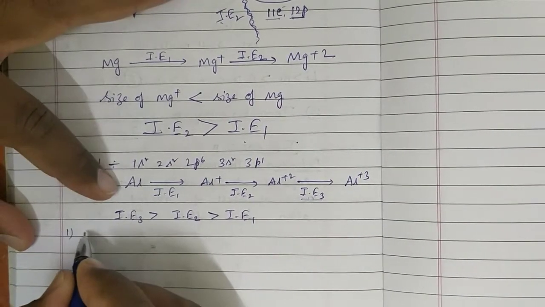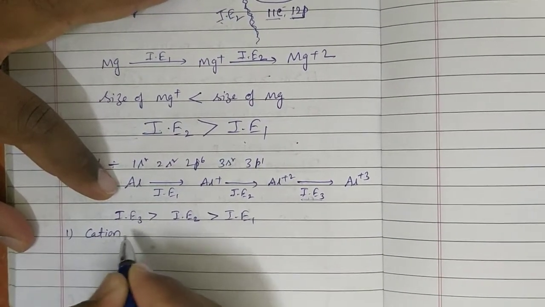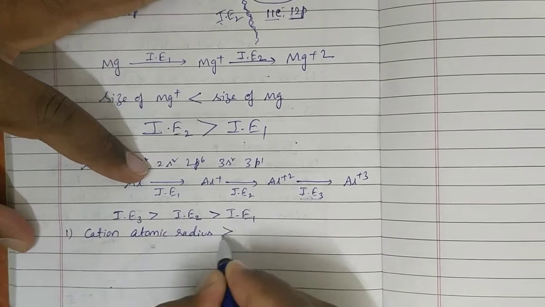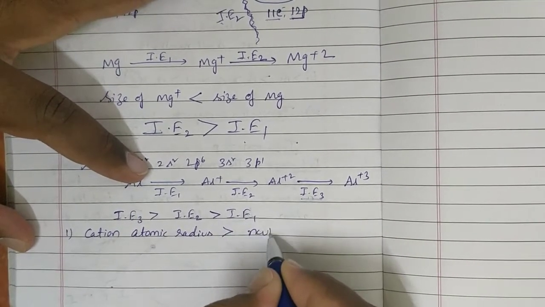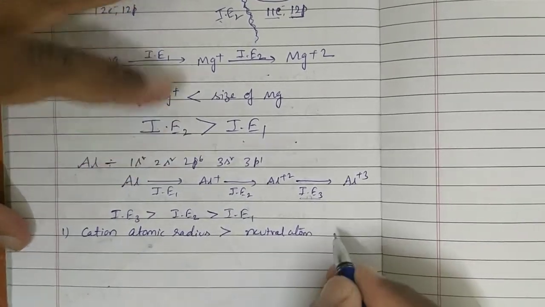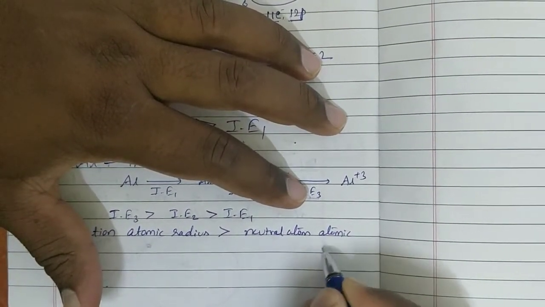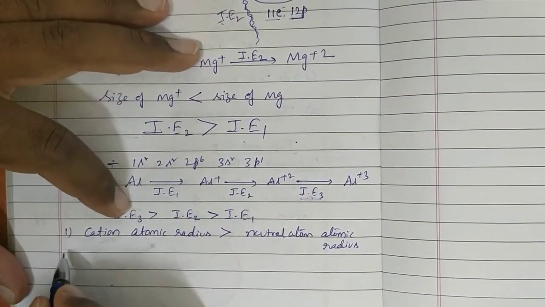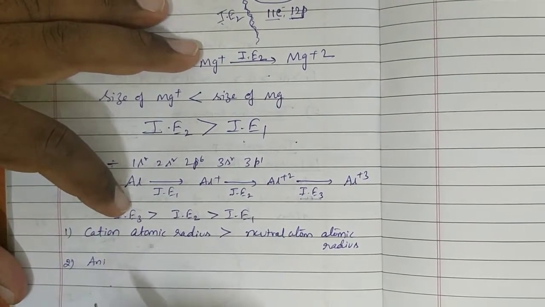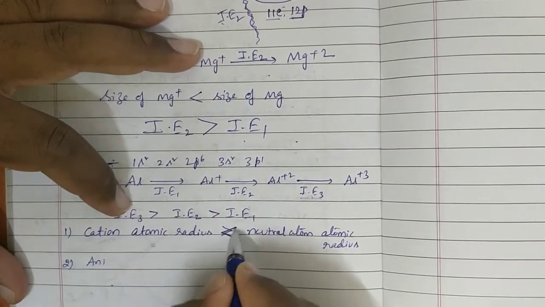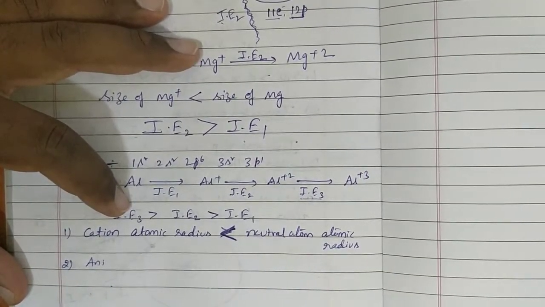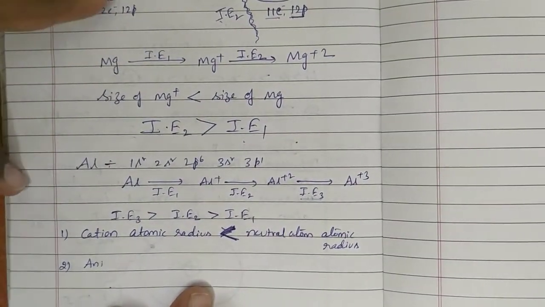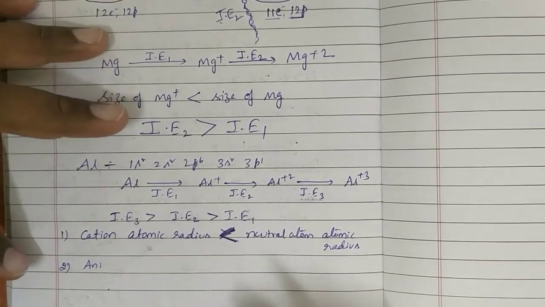First one: cation atomic radius is greater than neutral atom atomic radius. Second one, sorry, less than: cation atomic radius is smaller than neutral atom atomic radius.